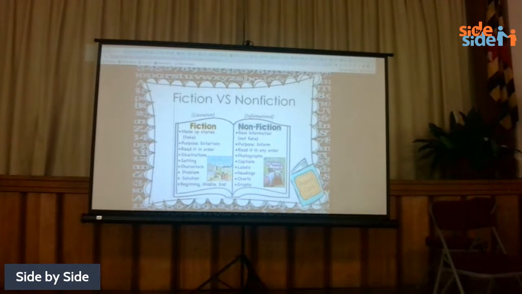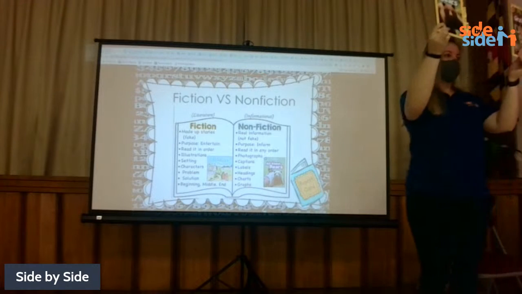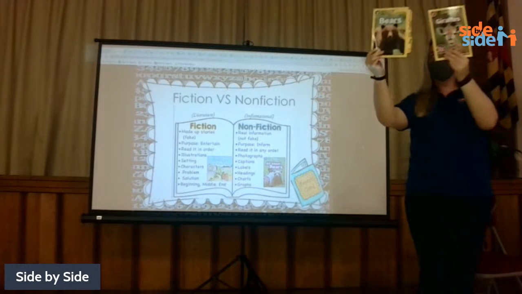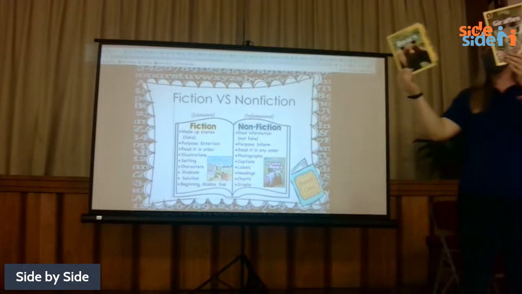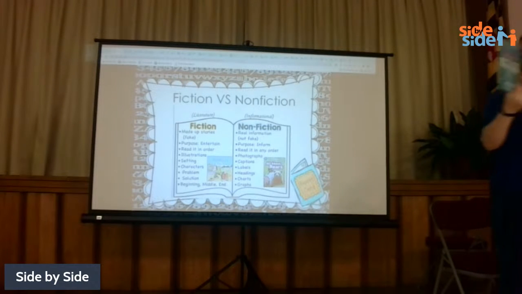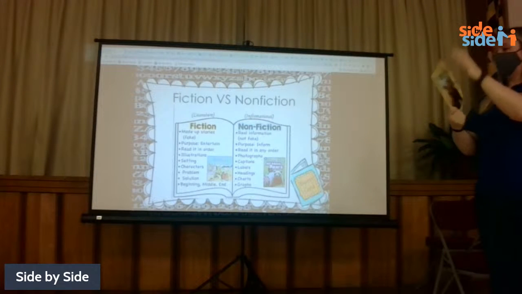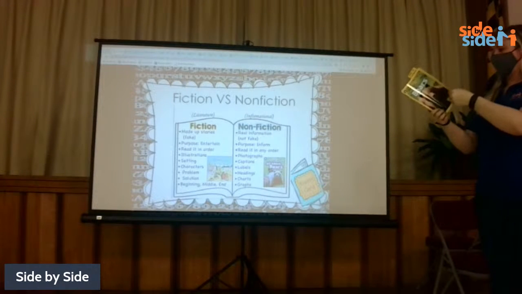So nonfiction, what makes it different is it's real information. So whether you're gaining facts about animals, the planet, the earth, food, it's actual factual information. The purpose is to inform you, to gather data. You're going to read it in any order. There's typically not book 1, book 2, book 3.